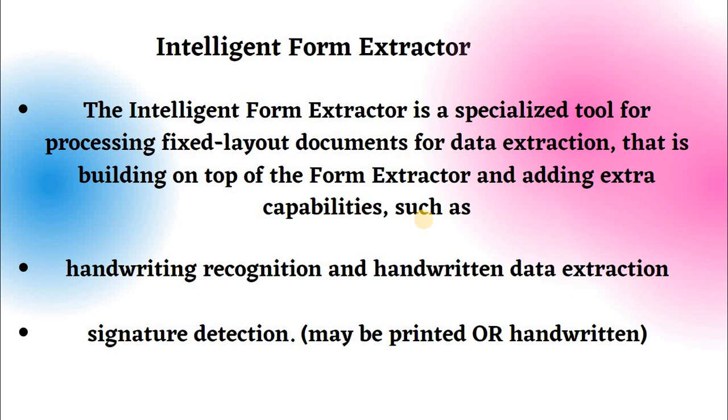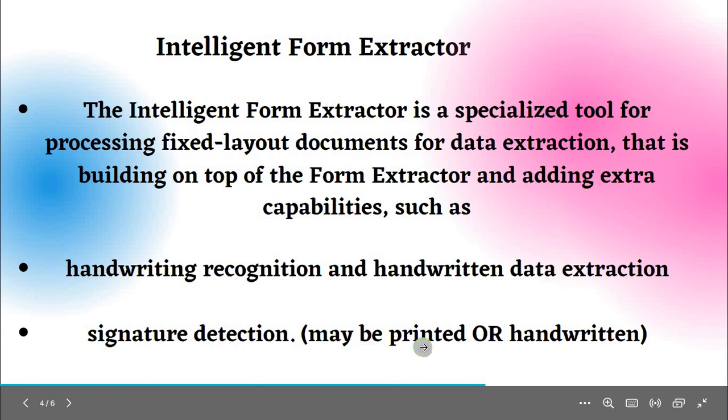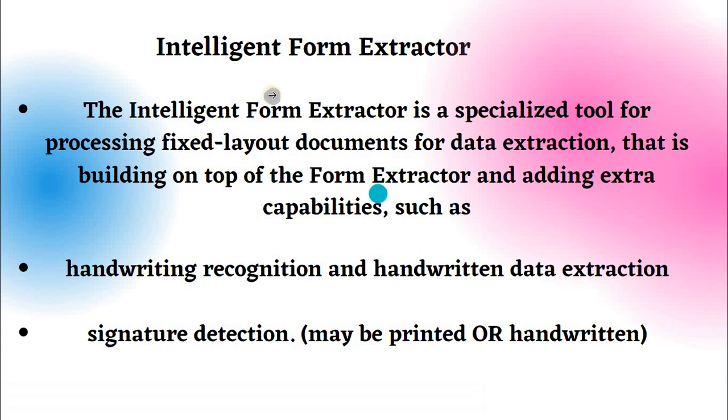In the intelligent form extractor, we are dealing with the same kind of data, but additionally it handles handwritten or scanned documents, or any signature type of document, signature detection, whether printed or handwritten. If we are dealing with this type of document, we can use intelligent form extractor.